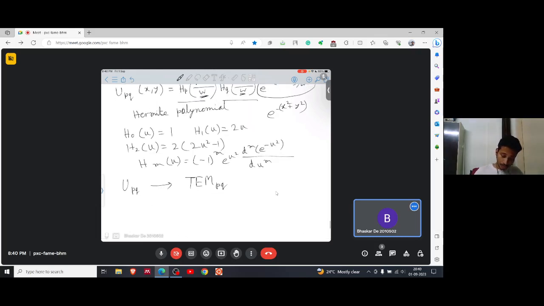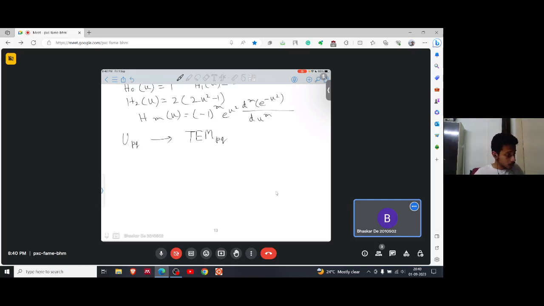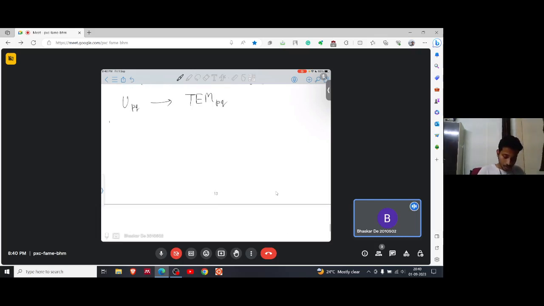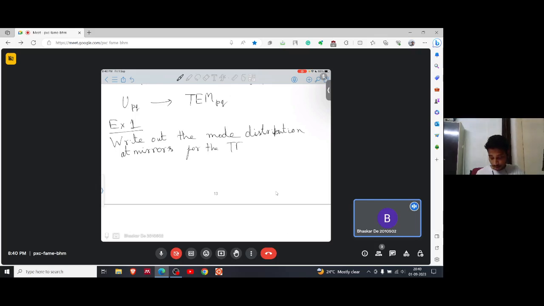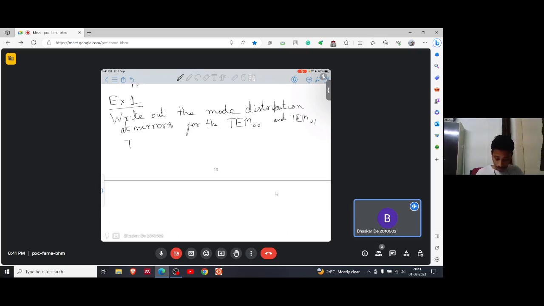Okay, so now I will just write down one example, that is, write out the mode distribution at the mirrors for the TEM 00 and TEM 01 and also TEM 11.